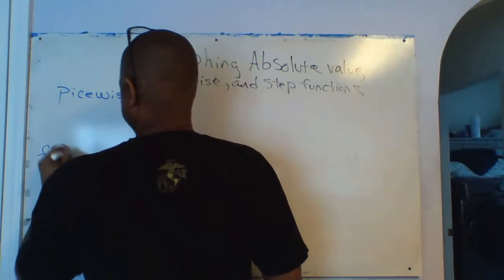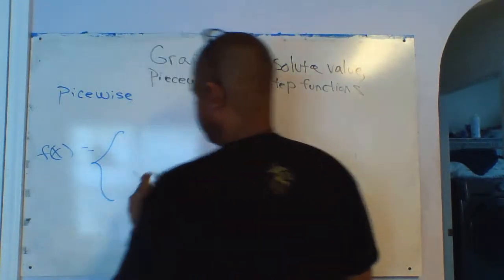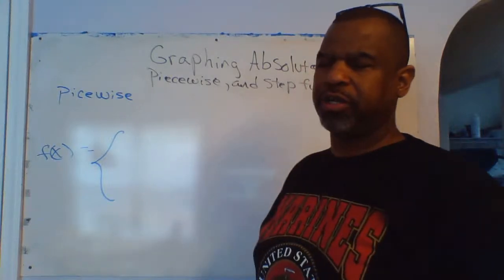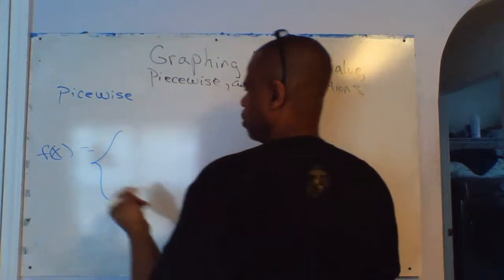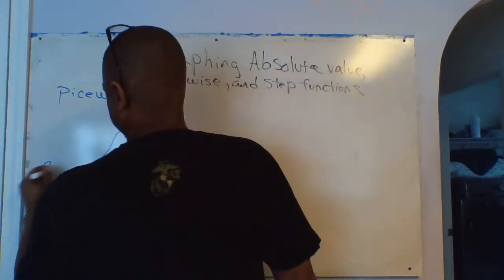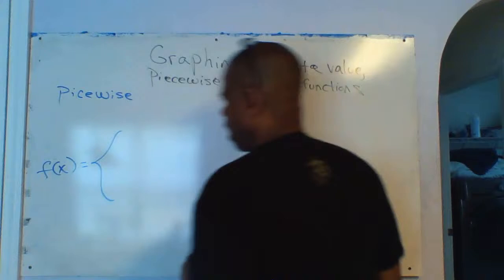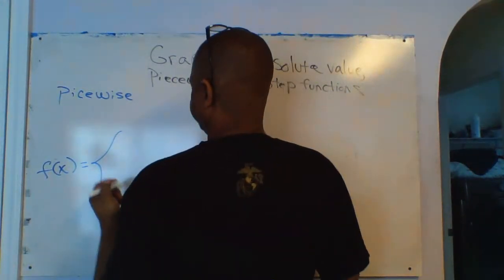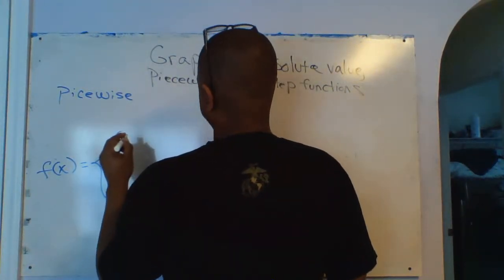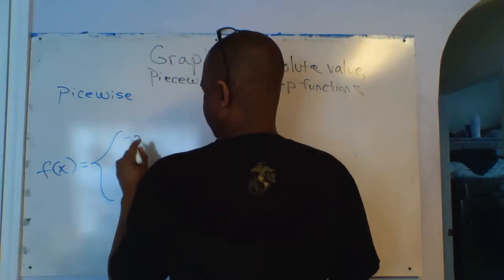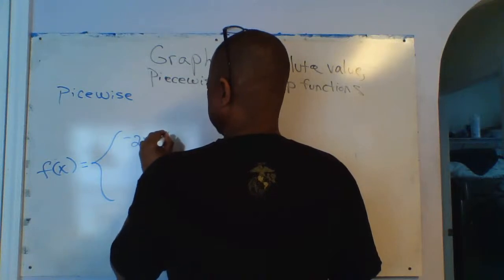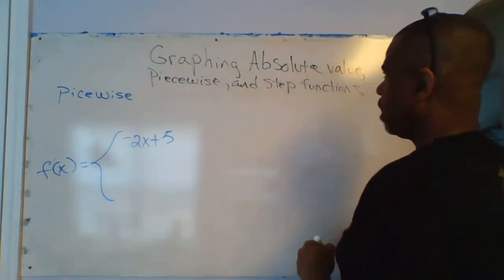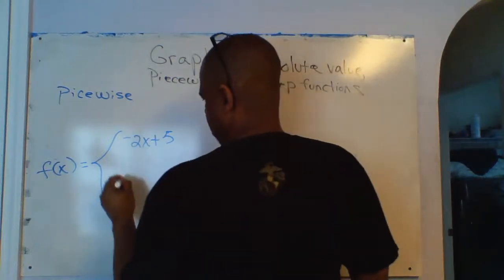So we're just going to write the notation for a piecewise function. And you're going to do this in pre-calc, and you're also going to do it in calculus. We won't do it in AP statistics. All right, so we're going to do negative 2x plus 5, and we're going to do x squared.